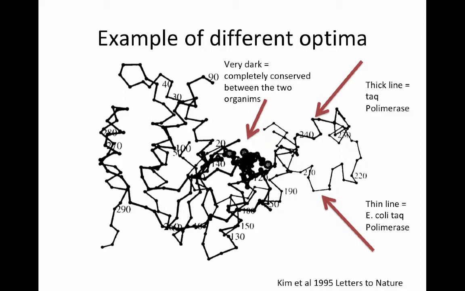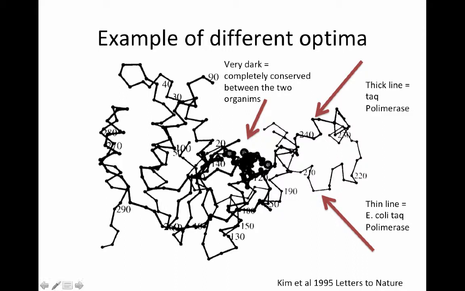And so what you can see, the very thick line, for the most part, overlays the very thin line of these two different polymerases, but there's this one area to the right where the thin line and the thick line are separated, and that shows us that the folding or structure of these proteins is just a little bit different in this one place.